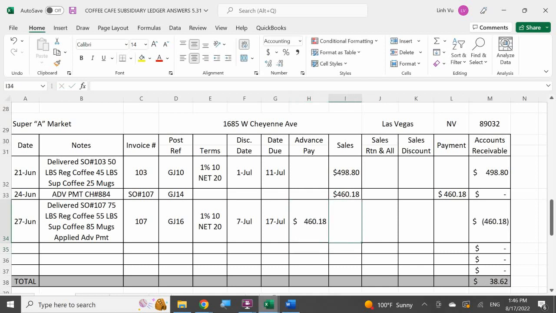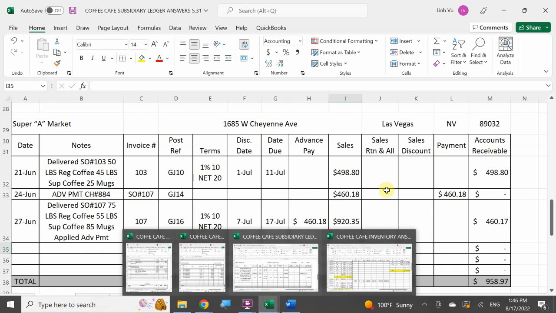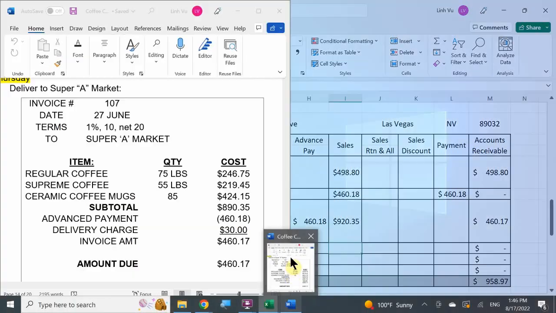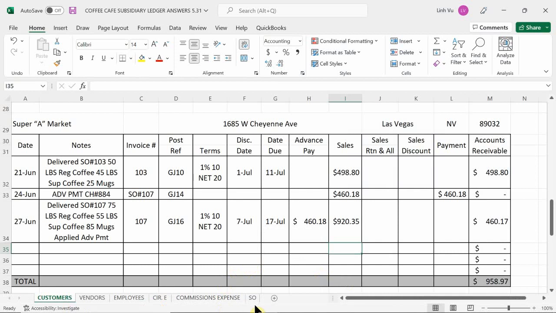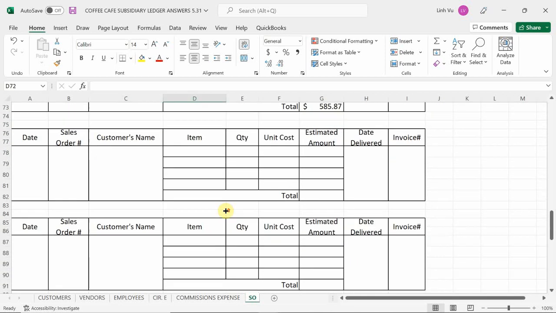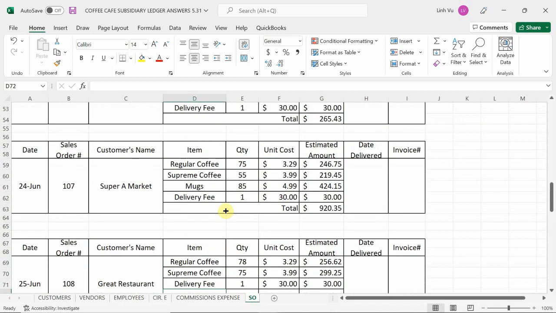Good. And then the sales was 9 something. Yeah. And that leaves us the 460.17. So which is true, right? That's what they owe us. And then we need to go to the sales order and update that we delivered it. The 107 on the 27th.